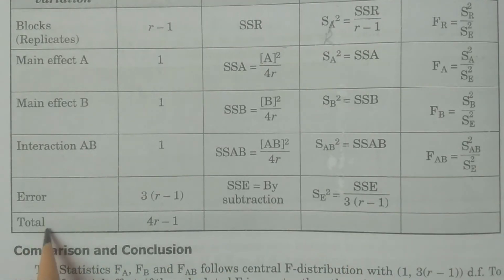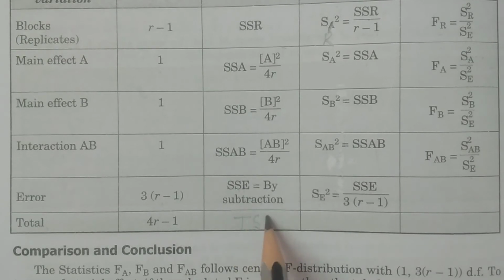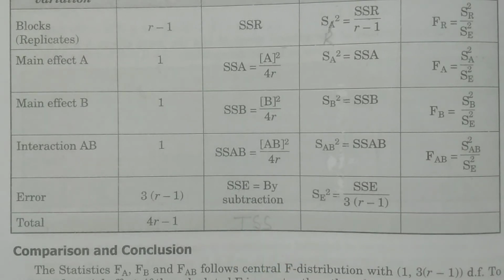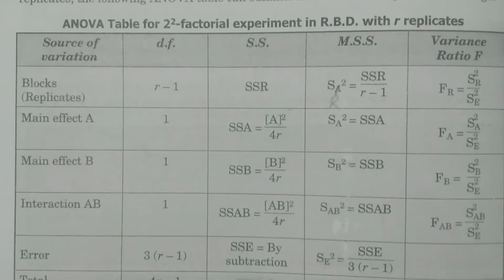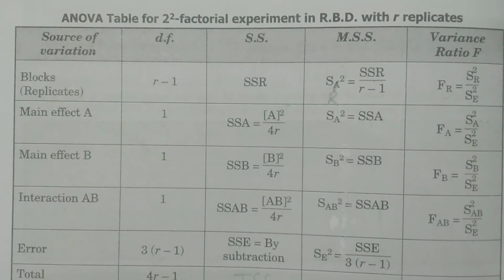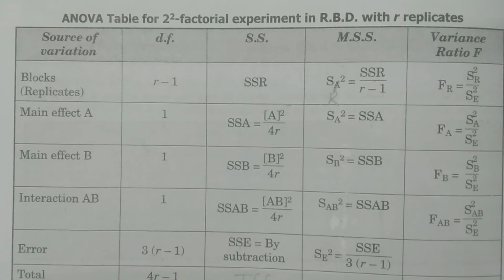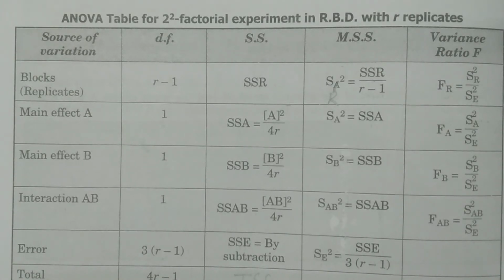At the end, the total degrees of freedom is 4R minus 1, and the total sum of squares TSS is also to be calculated. So this is the ANOVA table for the 2 square factorial experimental design using RBD with R replicates, randomized block design.